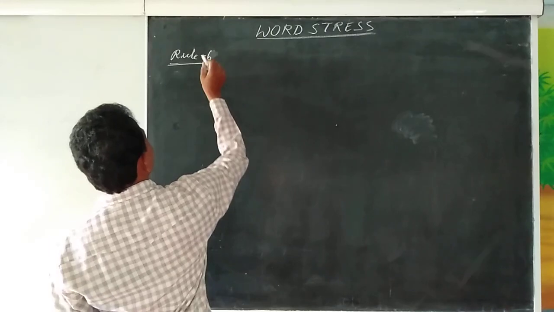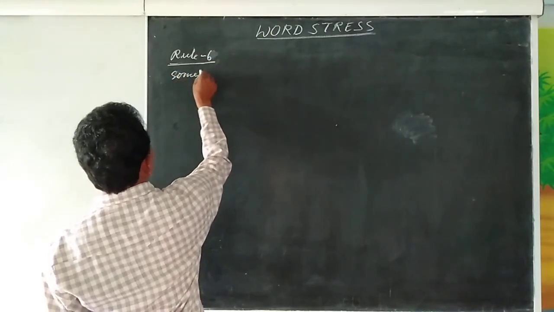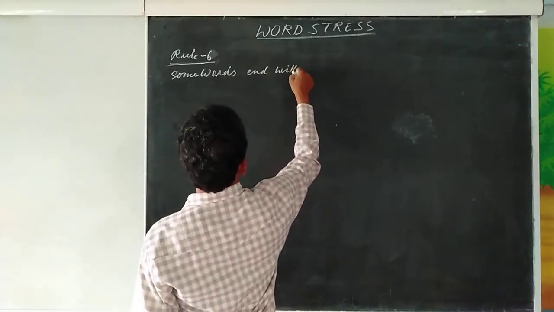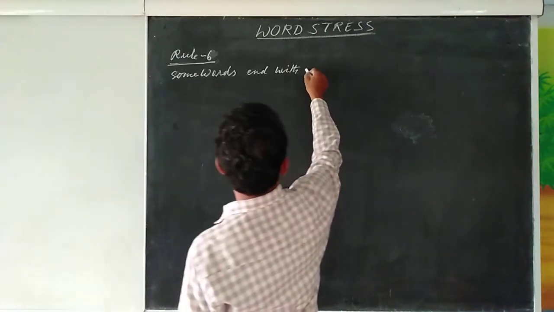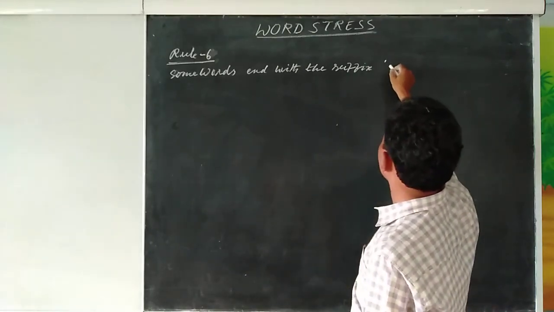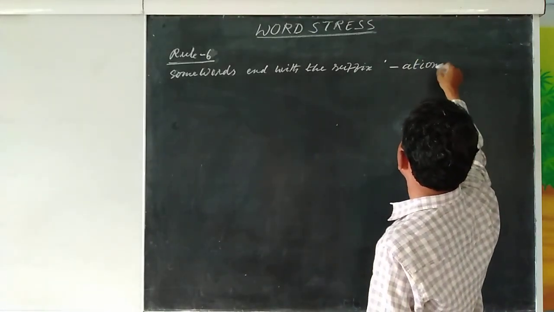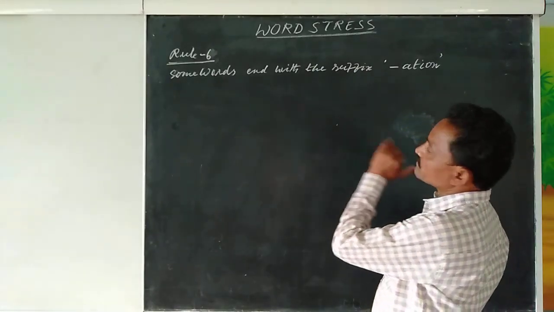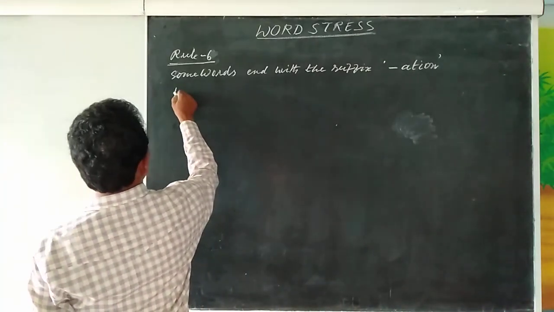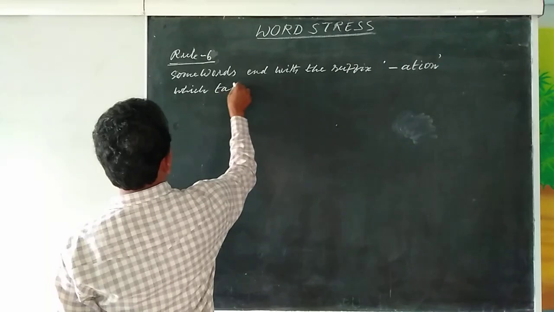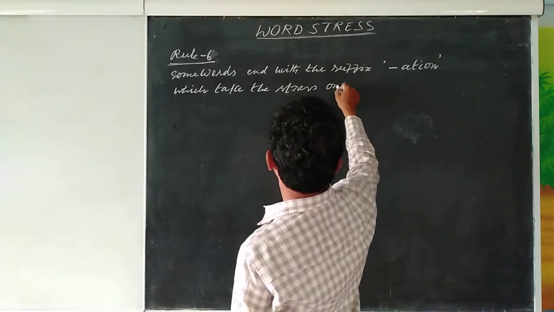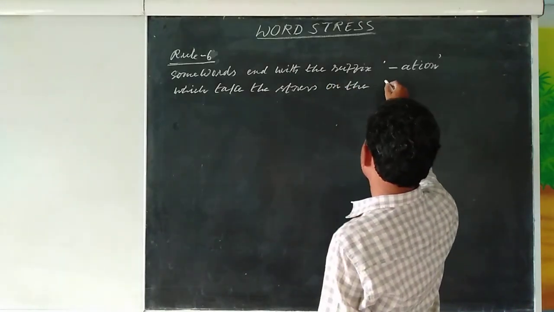Rule number 6. Some words end with the suffix A-T-I-O-N, which take the stress on the second syllable from the end.